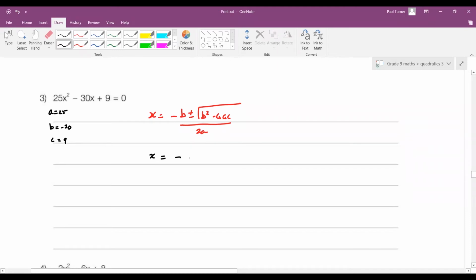So minus -30 plus or minus the square root of -30 squared, minus 4 times 25 times 9, all on 2a, 2 times 25.